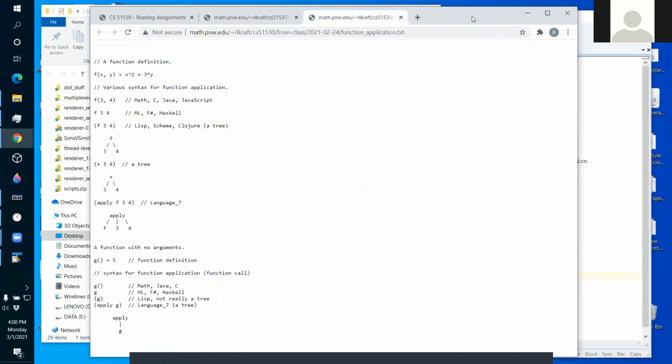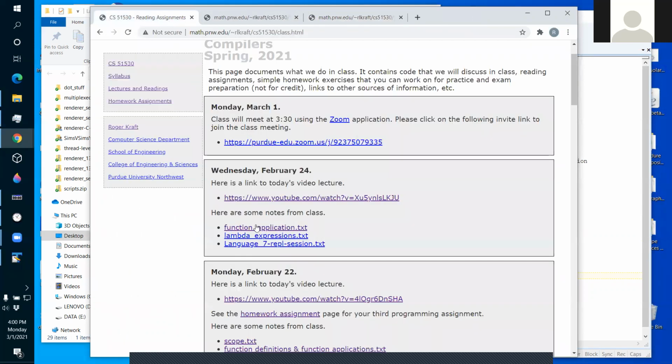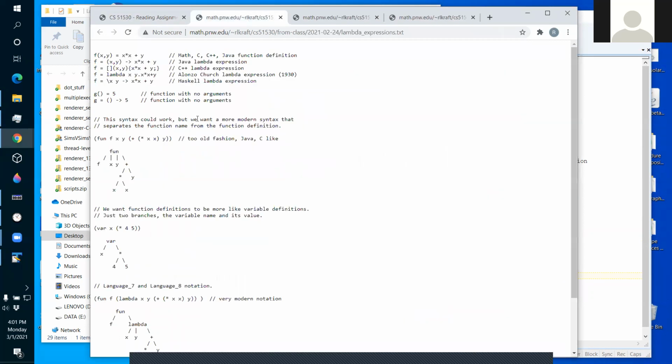In class the other day, we did function applications and function definitions. This was the syntax for function definitions. And remember the idea we introduced here was separating function.